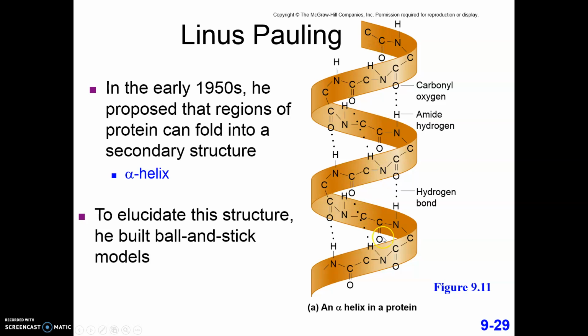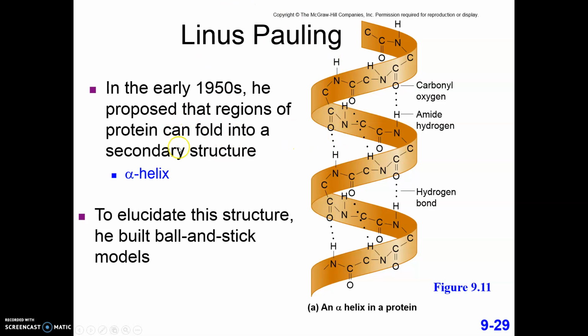So if you take a bunch of alpha helices and build them into a crystal and shoot X-rays through them, the repeating pattern in the crystal is going to cause the X-rays to refract or bend in particular ways as they run through these molecules. Based upon the pattern that comes out of that, you can deduce some key pieces of information, one of them being this helical type of content.